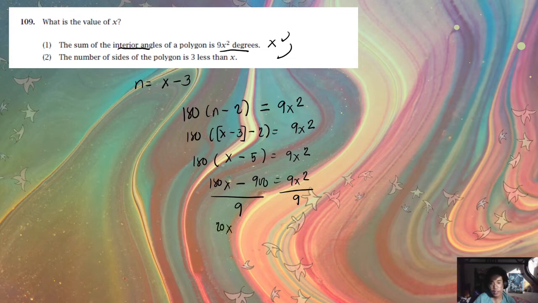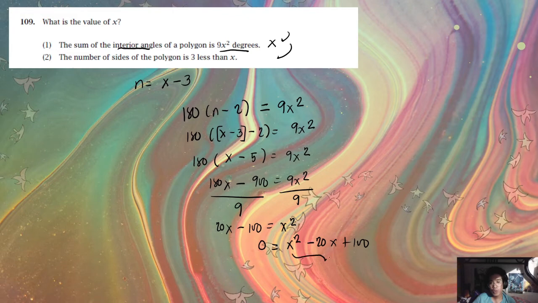So 20x minus 100 is equal to x squared. Okay, we can create a quadratic equation that would solve this problem. So that should give us x squared minus 20x plus 100 is equal to 0.